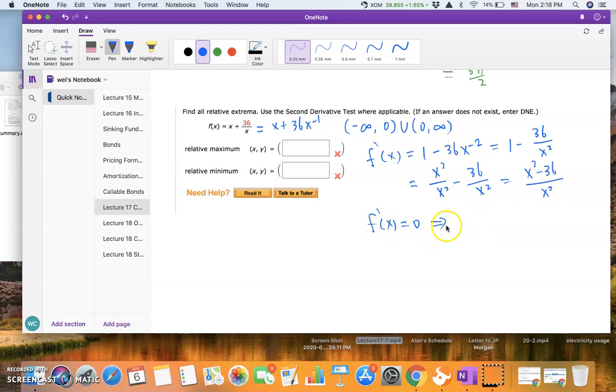When the first derivative equals 0, that means the numerator is going to be equal to 0. So x squared minus 36 equals 0. That means x squared equals 36. So x equals positive 6 and negative 6, right? Because both of them are in the domain of the function, both of them are critical points.